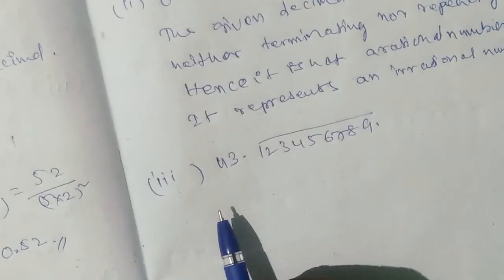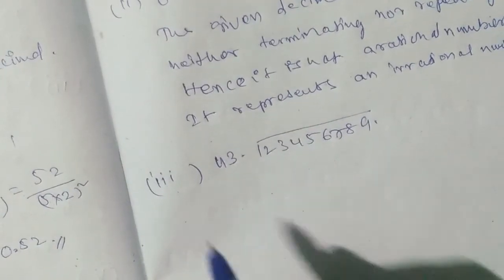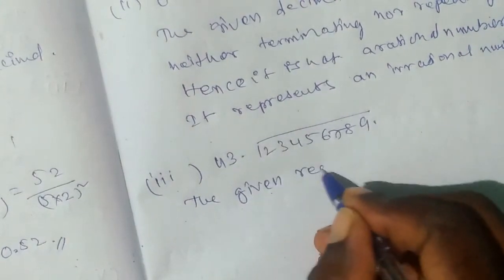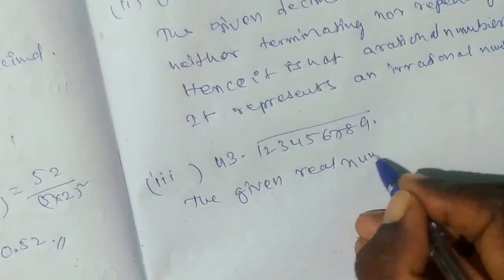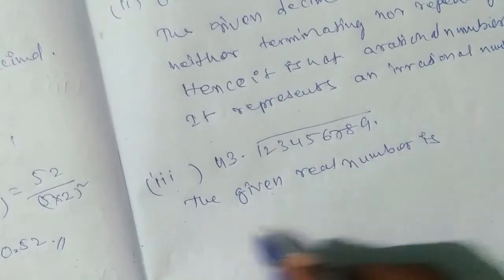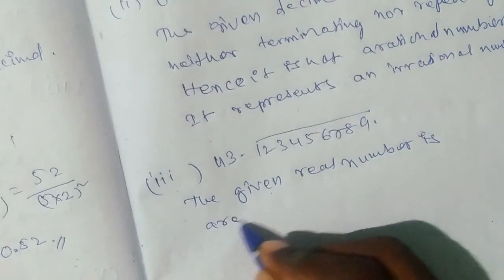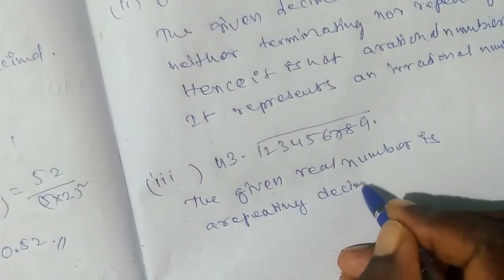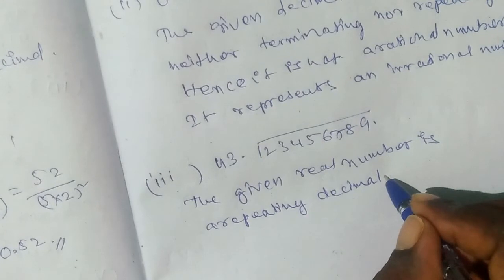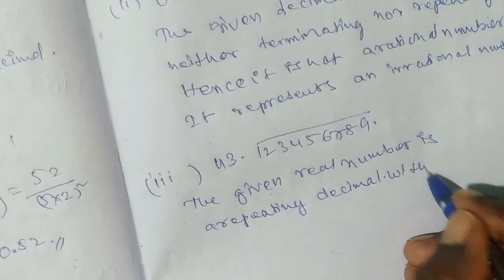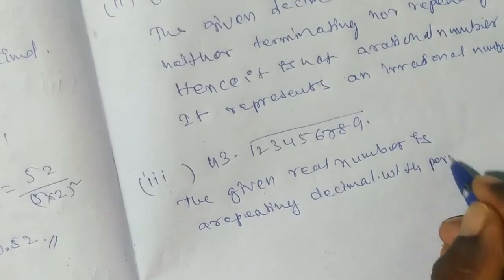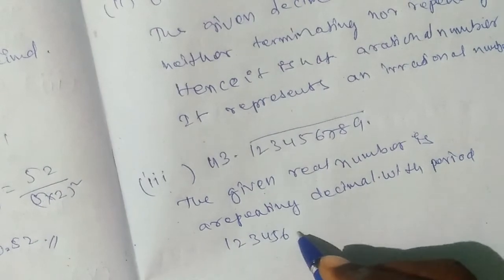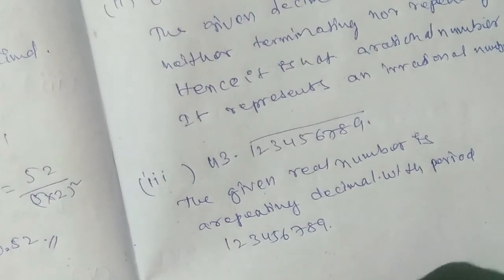Okay, the given real number is a repeating decimal. Why? Because there is a bar. The period 1 2 3 4 5 6 7 8, these numbers are repeating again and again.